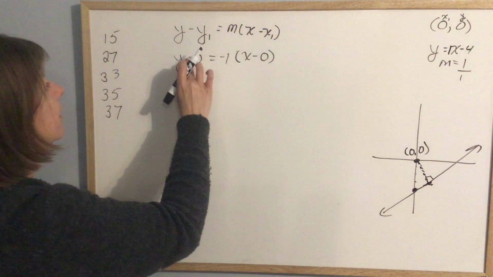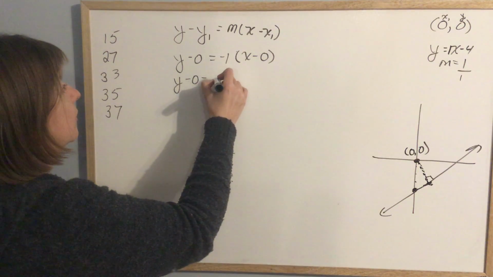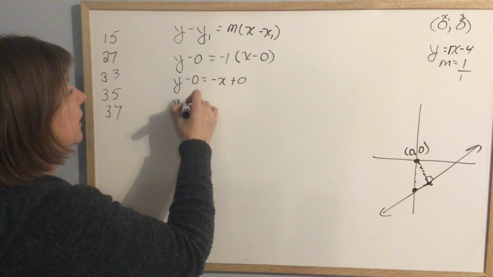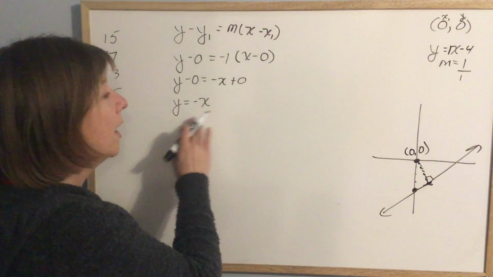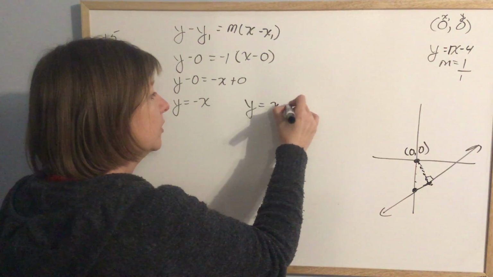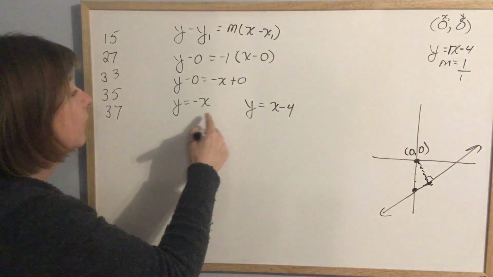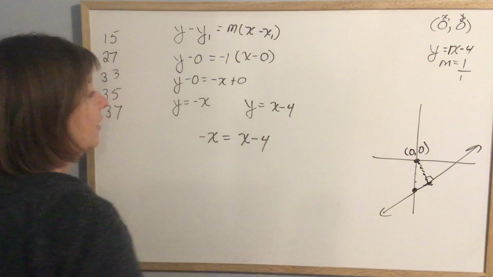So if I simplify this, I should have y minus 0 is equal to negative x plus 0. So really, y is equal to negative x. Now, if y is equal to negative x, but y is also equal to x minus 4, like it said over there, then negative x has to be equal to x minus 4.